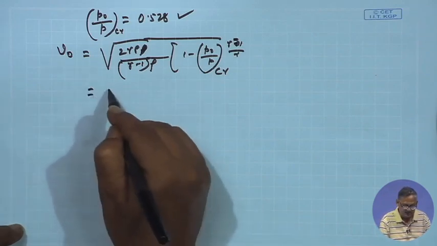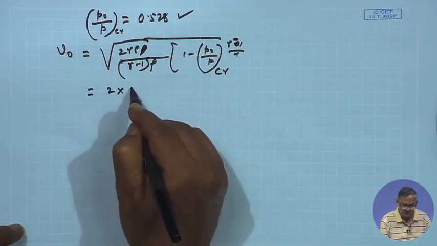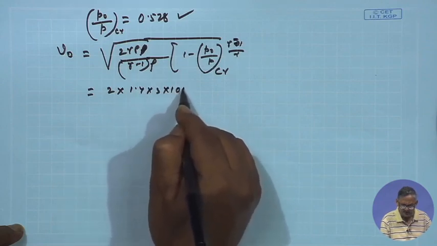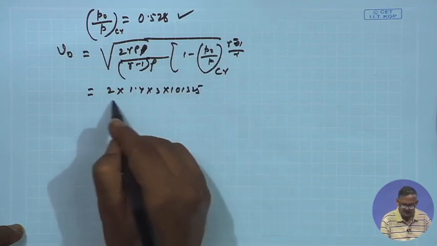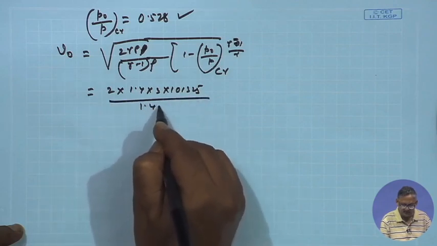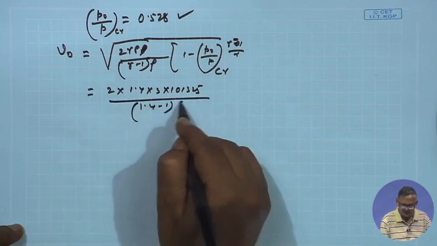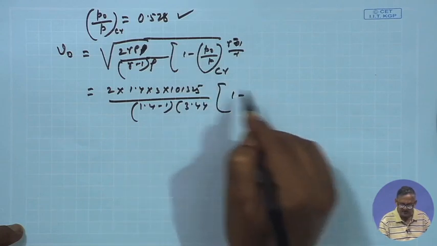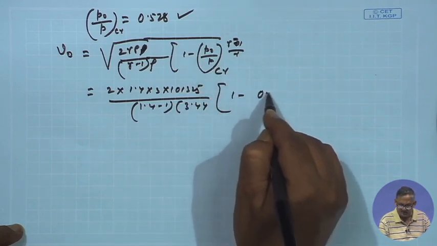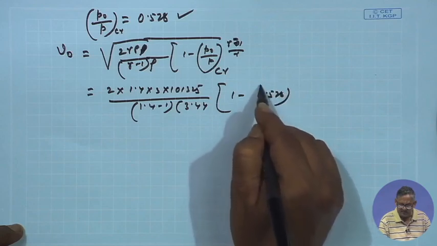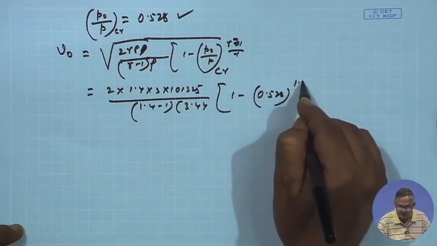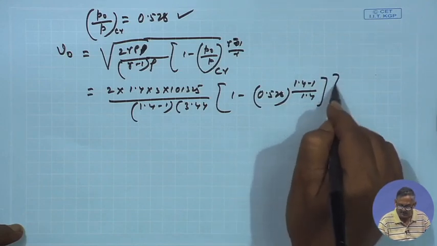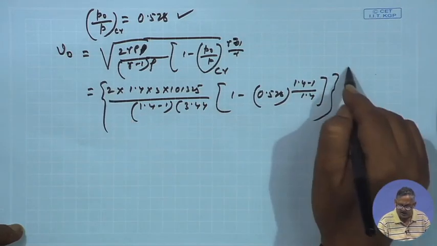So we write 2 into 1.4 into 3 into 101325 divided by 1.4 minus 1 into 3.44, right, into 1 minus P0 by P, which is 0.528, to the power 1.4 minus 1 by 1.4, right, this whole to the power half.